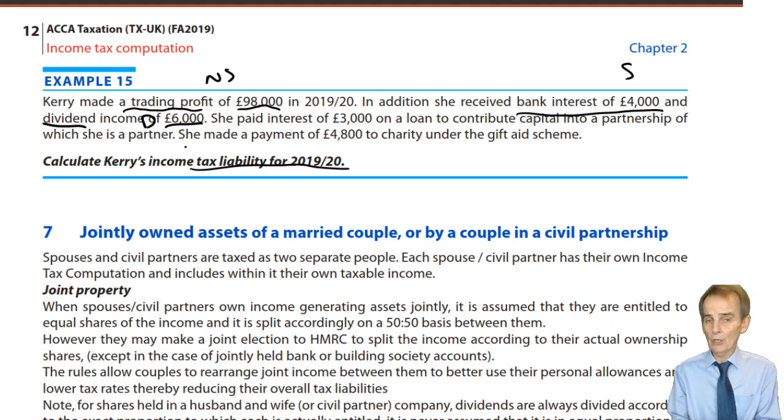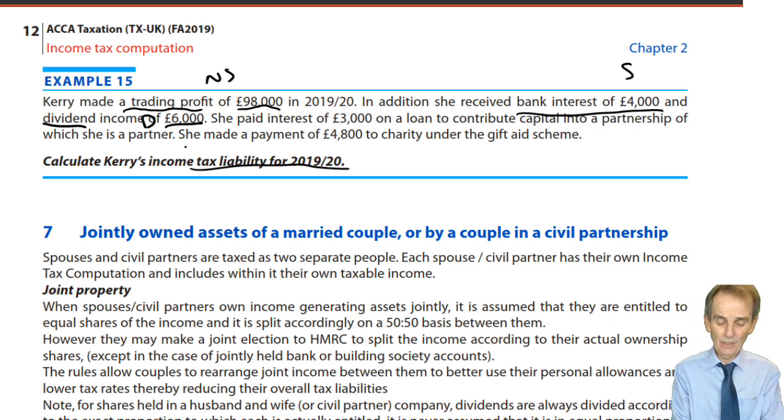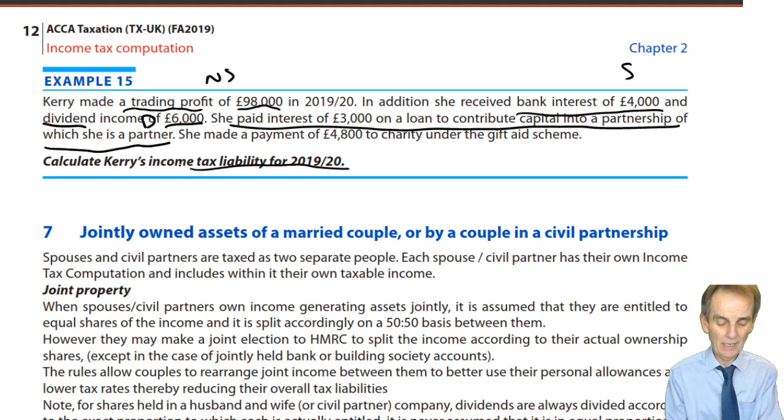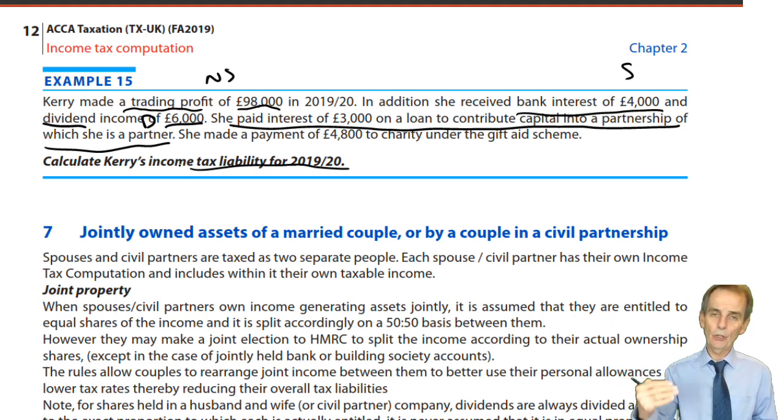So we've got all the examples of the analysis of your types of income. Given what we've done in this lecture, we've also paid interest of 3,000 on a loan to contribute capital into a partnership of which she is a partner. Qualifying loan interest. What do we do with that? That is a deduction from total income to derive net income.